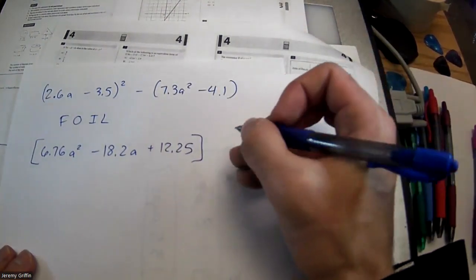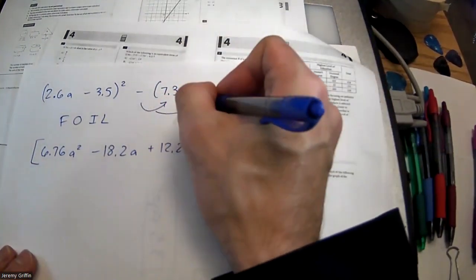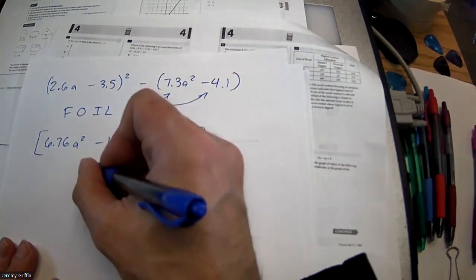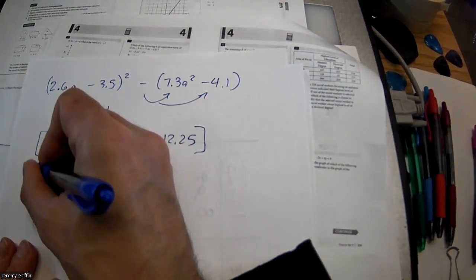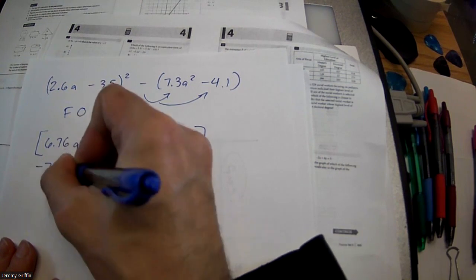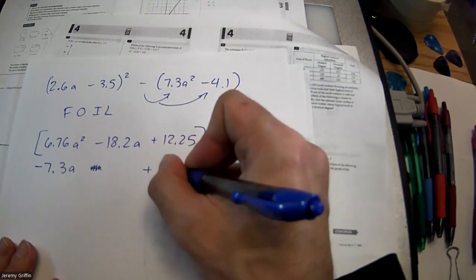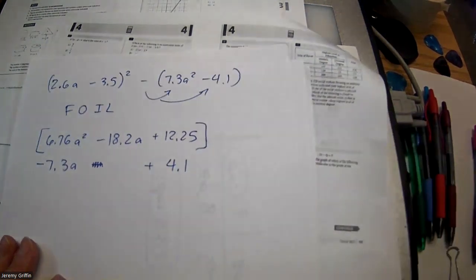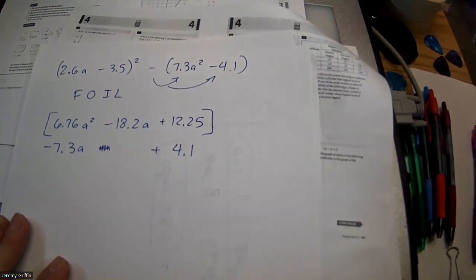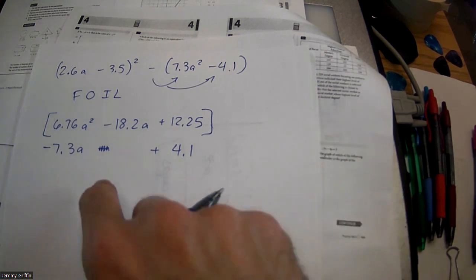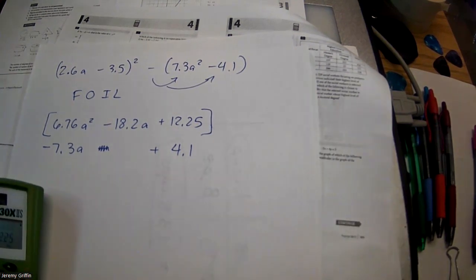Then I'm gonna distribute that negative sign and say minus 7.3a squared plus 4.1, right? Is that true? Right, so what's 6.76 minus 7.3?